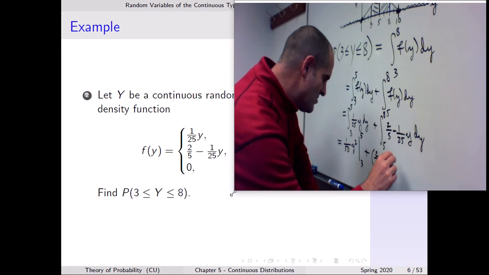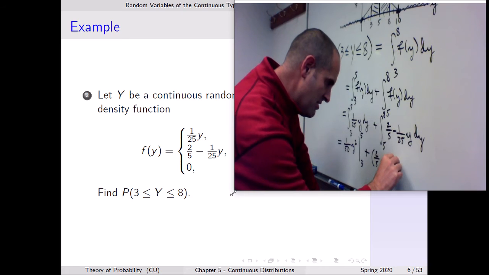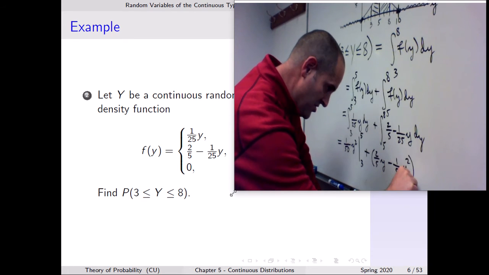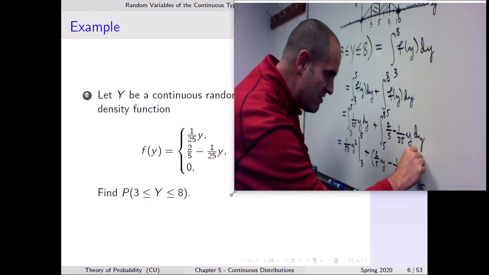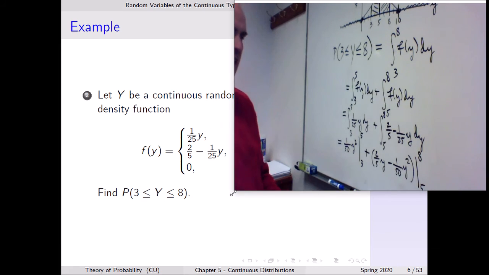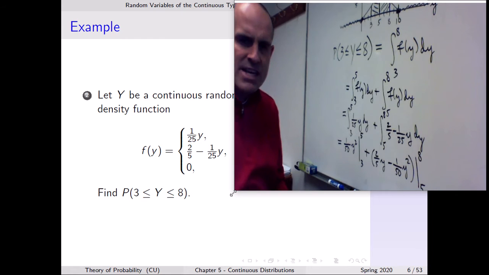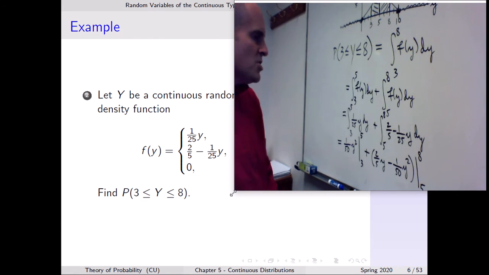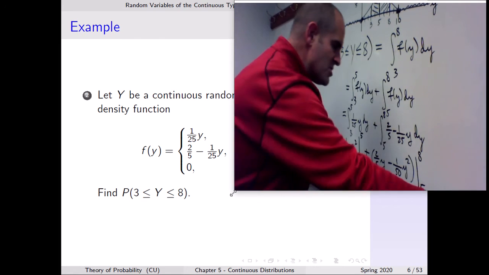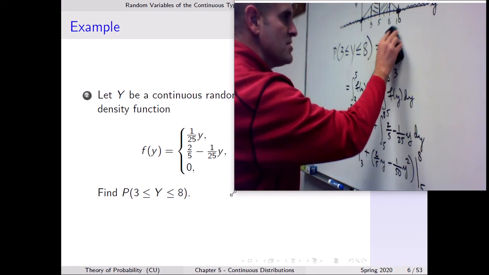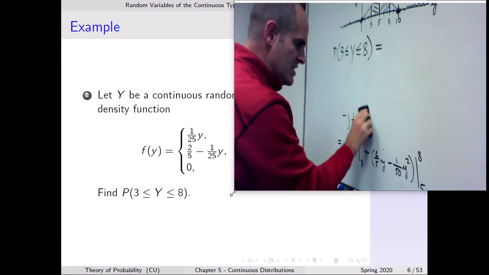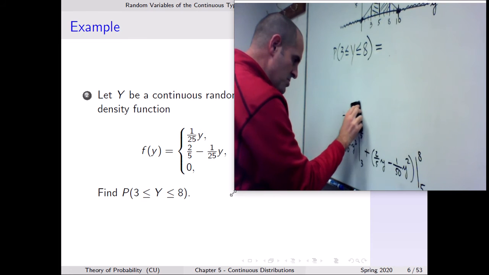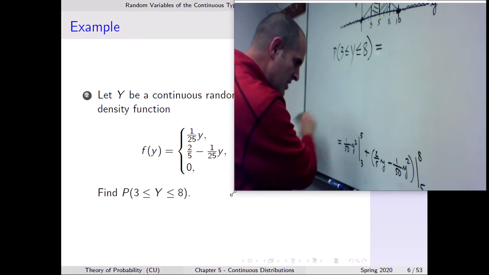So it's going to be minus 1/50th y squared, and this thing is evaluated between 5 and 8. So far so good. So in the end, let me just erase this. I'm going to copy this down right up here, and then we'll compute this thing together.